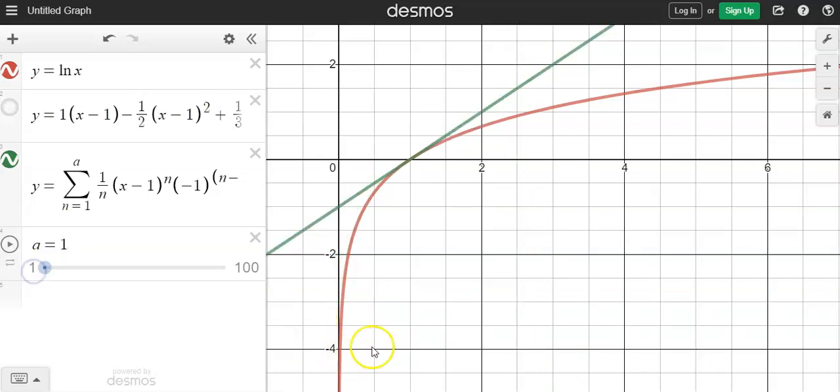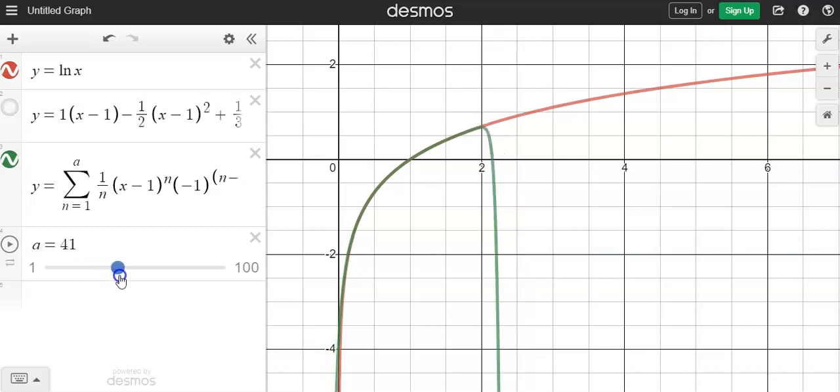I mean, look down here in that asymptotic area for a minute. Do you see it get closer and closer? Converge, converge, converge. The bigger the power gets, the more it's converging. But watch out here. It seems like the convergence never gets past x equals 2.